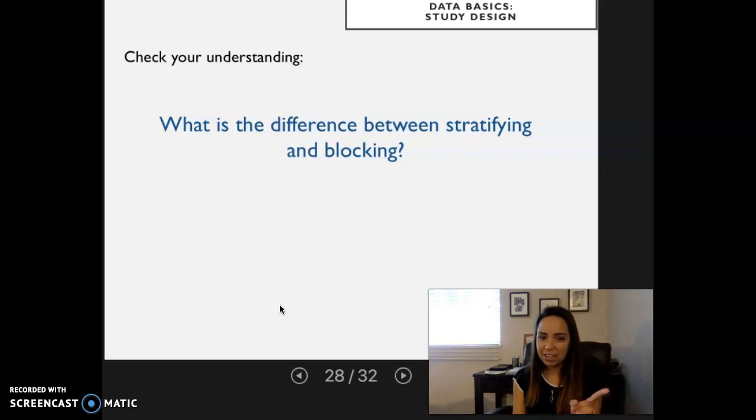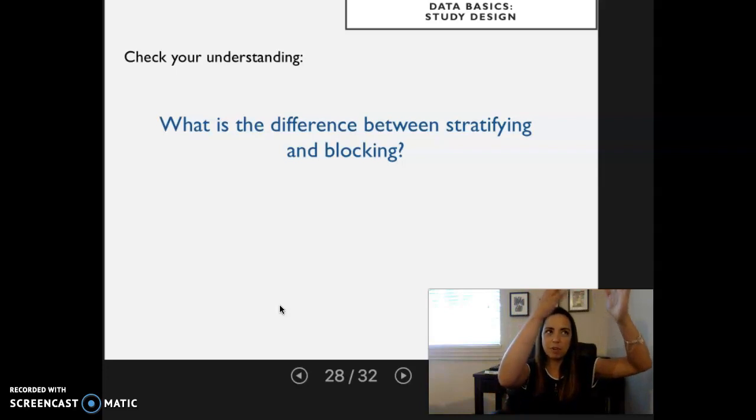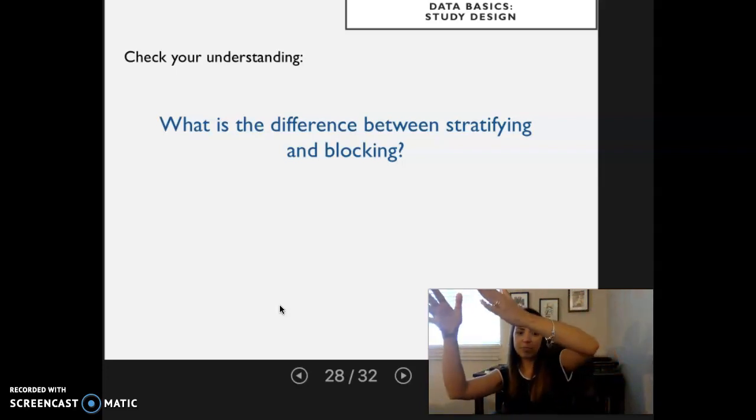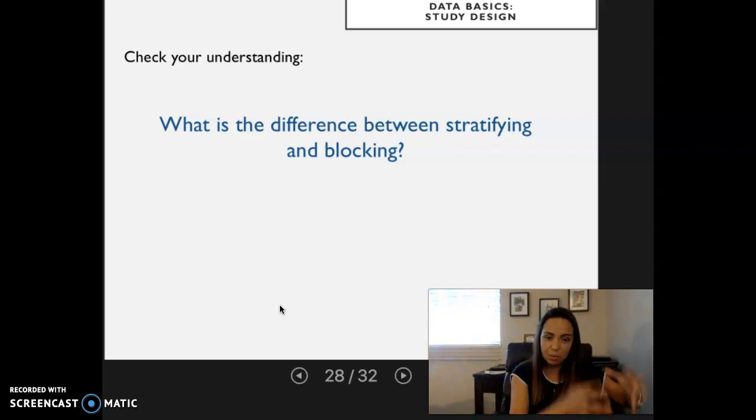So stratifying is a move from the population to the sample. I have to guarantee that I'm sampling equally from amateurs and from pros, so that I get a sample that has an equal number of amateur and pro runners.